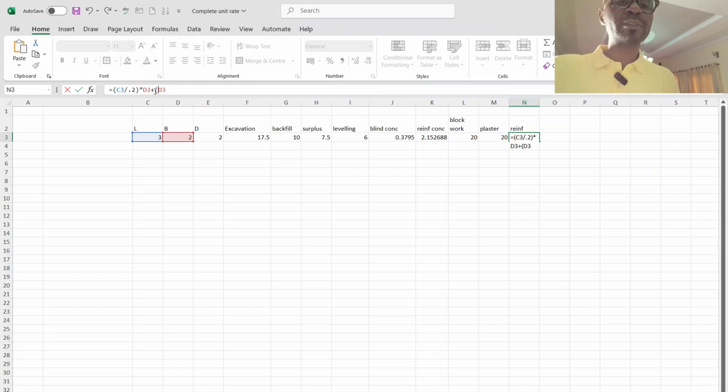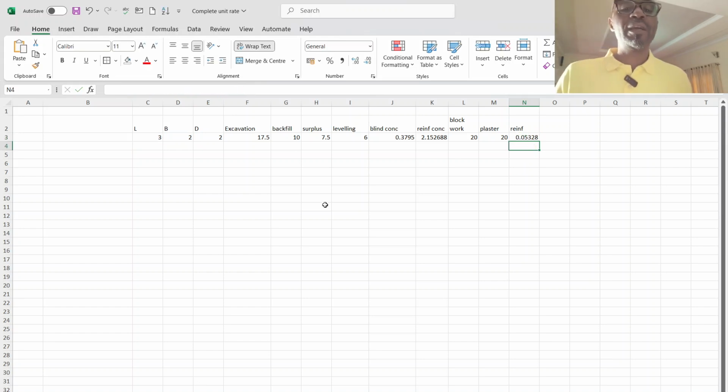I multiply by the breadth divided by 0.2, close, multiply by the length, then I close both, then multiply by 0.888, which is this. If I want to convert to tons again, I close again the whole and I divide by 1,000. Voila, I'm done with the concrete.